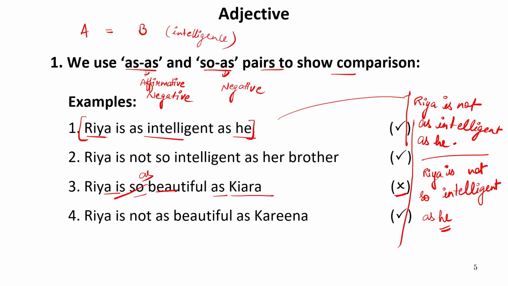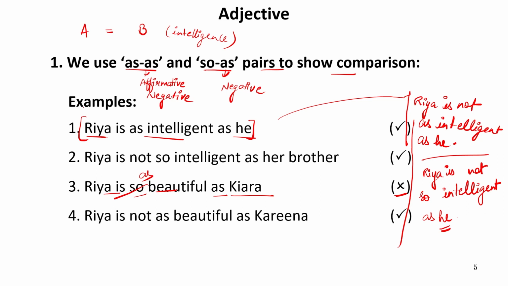If I just add this not over here, it means Ria and Kiara are not equally beautiful, so it will definitely change the meaning of the sentence. So in this case, we can use as and as, but not so and as, because in positive sentence we cannot use the pair so and as. It can be used in negative sentence only.